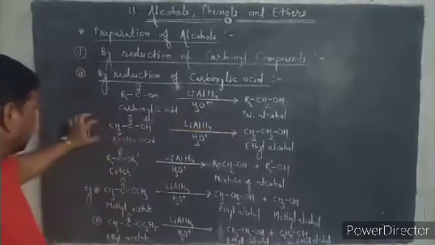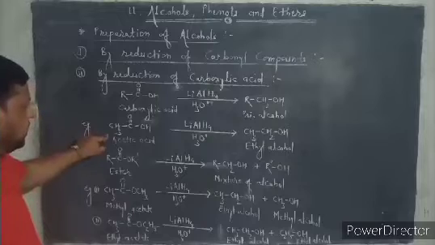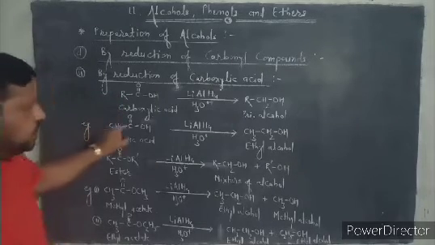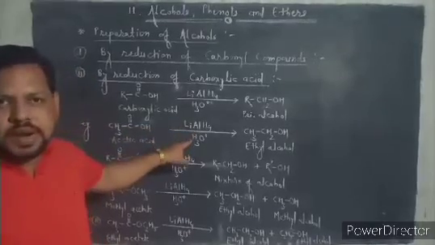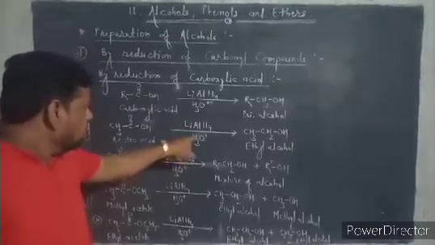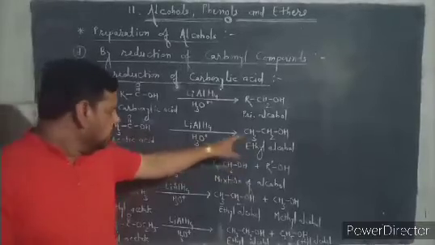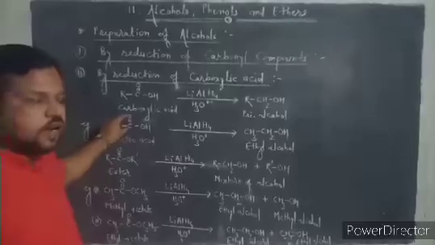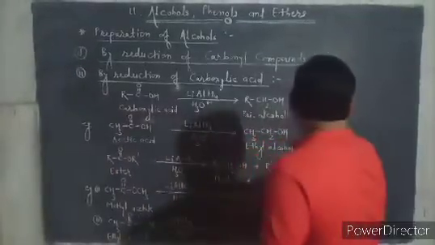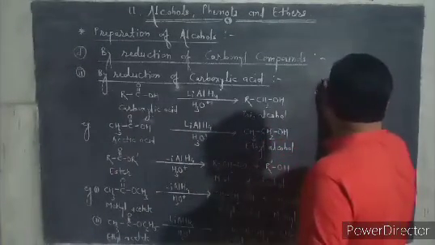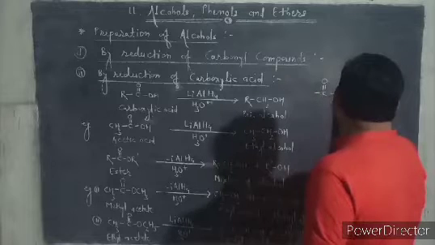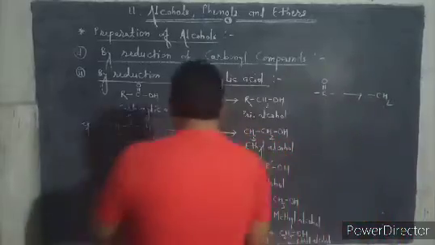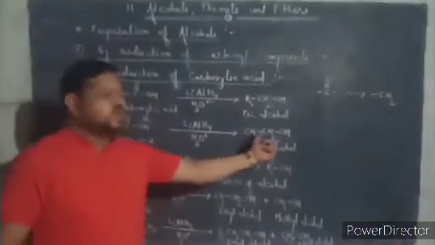For example, acetic acid, this is an example of carboxylic acid. This acetic acid on reduction with lithium aluminium hydride and hydronium ion gives ethyl alcohol. See here, CH3, this C double bond O group is converted into CH2 group. Then it gives CH3CH2OH.